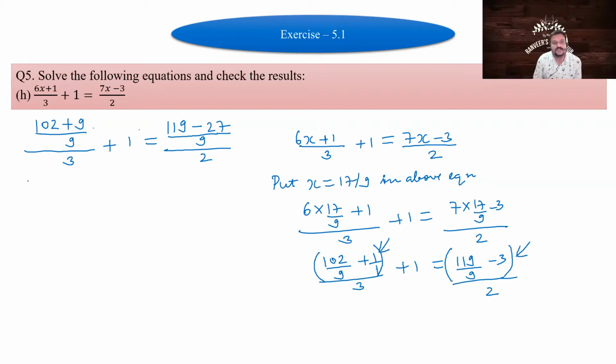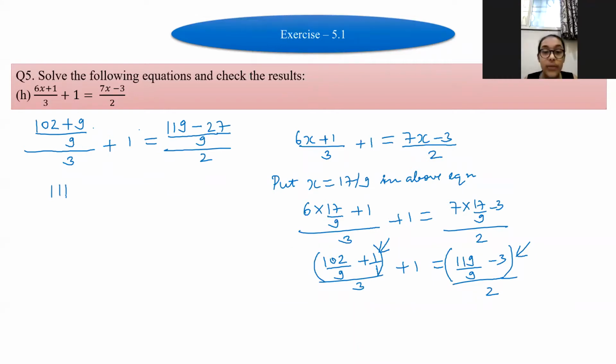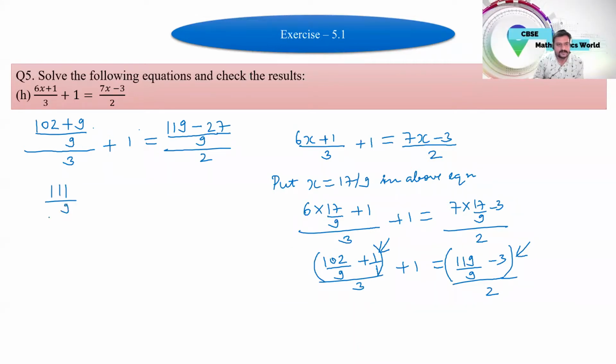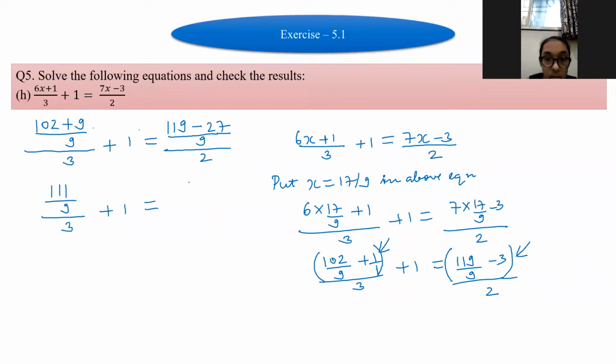So what is 102 plus 9? Sir, 111. 111 upon 9, upon 3. Here 119 minus 27.